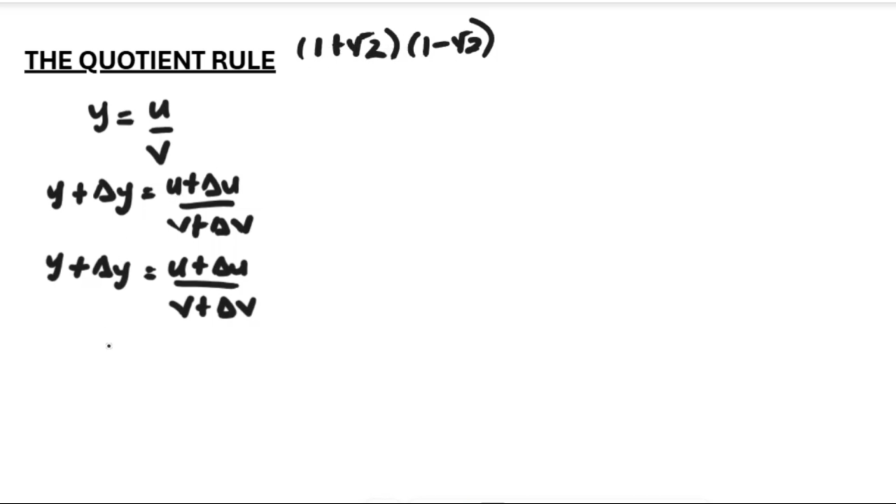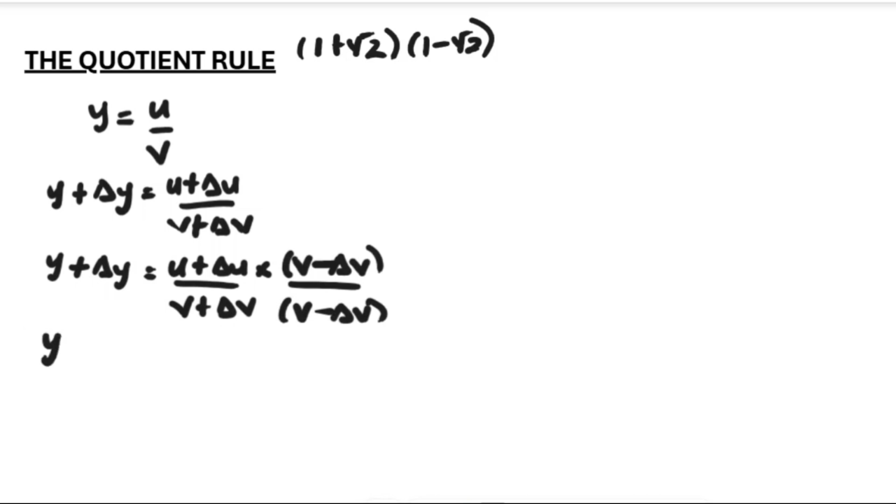I want to use the same approach here. I'm going to multiply the numerator and the denominator by the conjugate of the denominator, which is v minus delta v. So this will be times v minus delta v divided by v minus delta v.